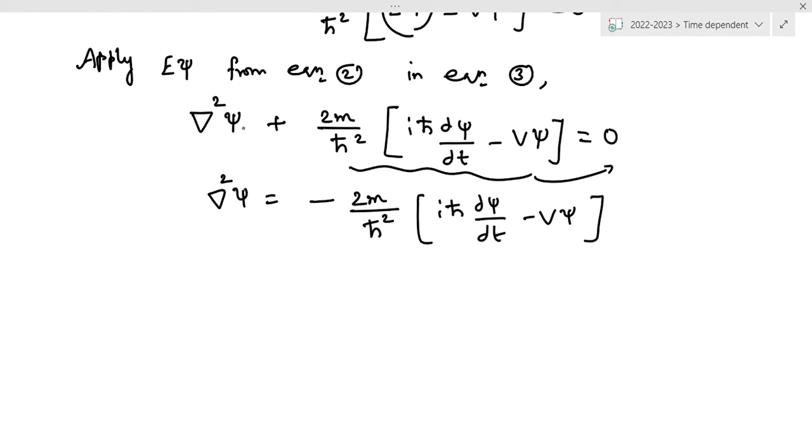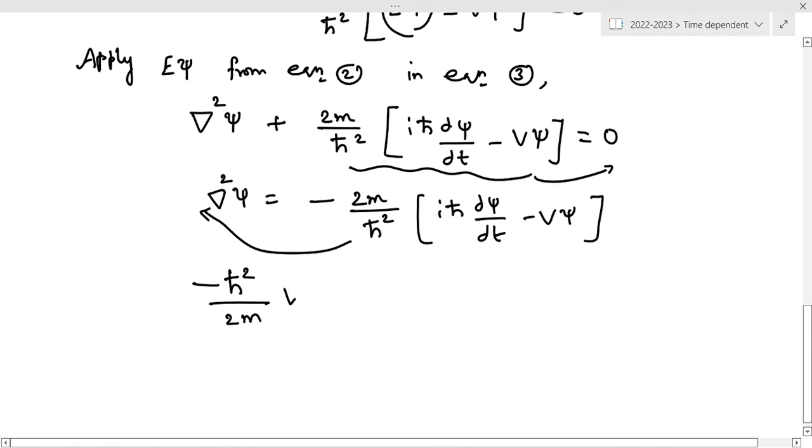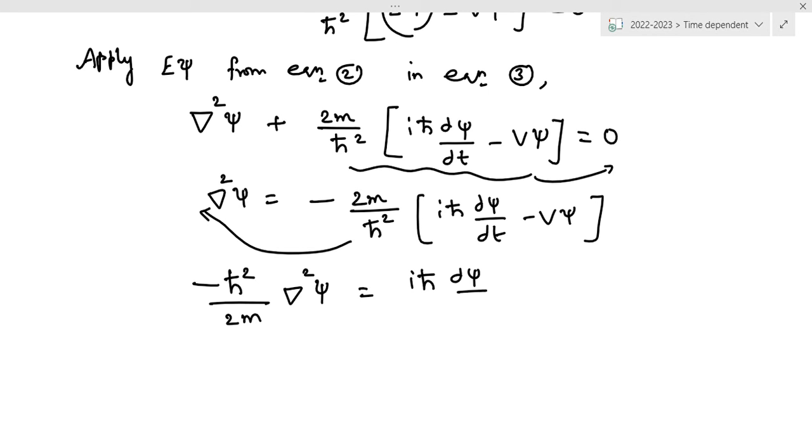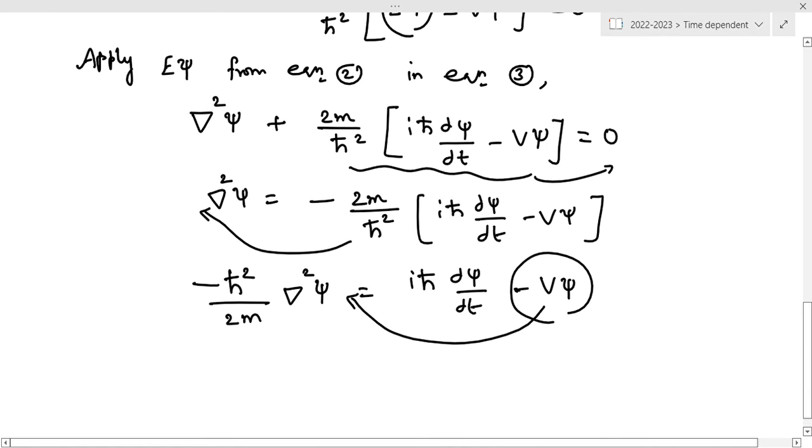Now I am taking it towards this side: minus h cross square by 2m del square psi is equal to i h cross dou psi by dou t minus V psi. Now I am taking this minus V psi over the other side.